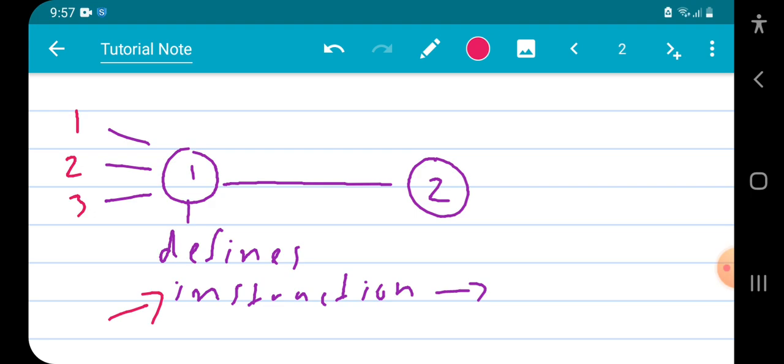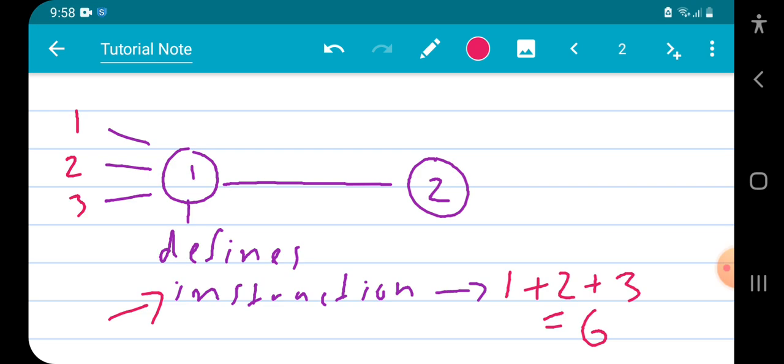Let us say we have given the instruction that whenever some data comes to artificial neuron number 1, it needs to add this data. So artificial neuron number 1 receives the data 1, 2, 3. It's going to add this data, and it's going to give us the output, the result.